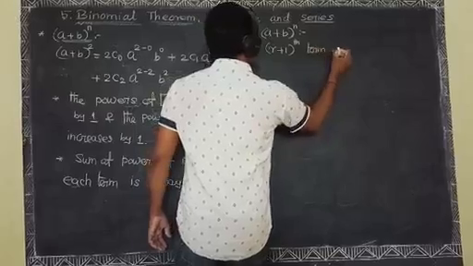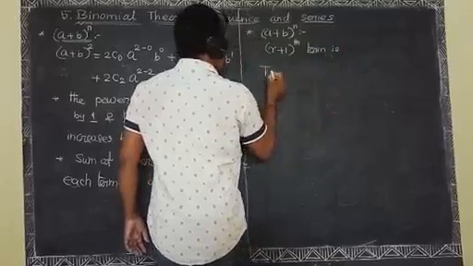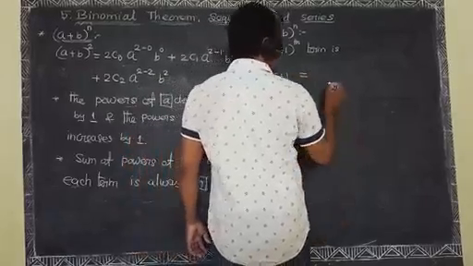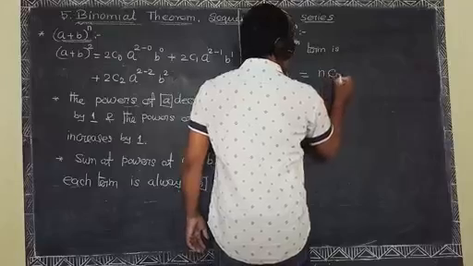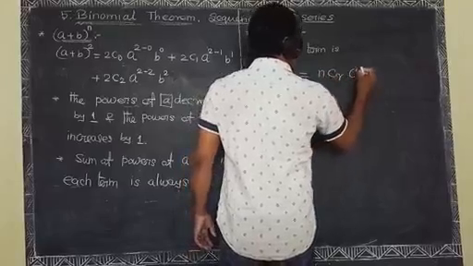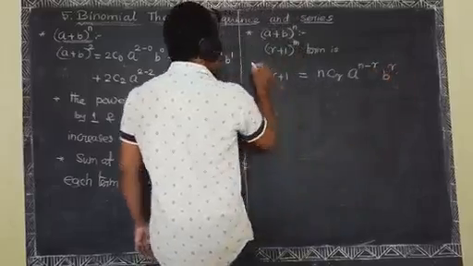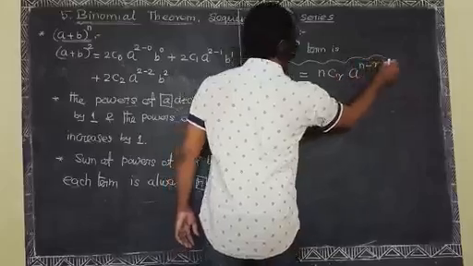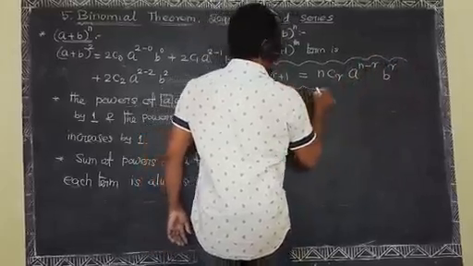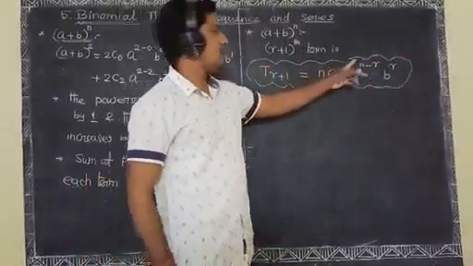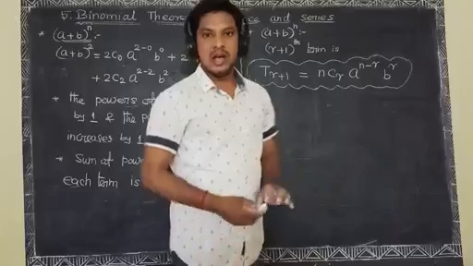The term is T(r+1), which is equal to nCr a power n minus r b power r. Okay, then the r plus 1th term is T(r+1) equal to nCr a power n minus r b power r.